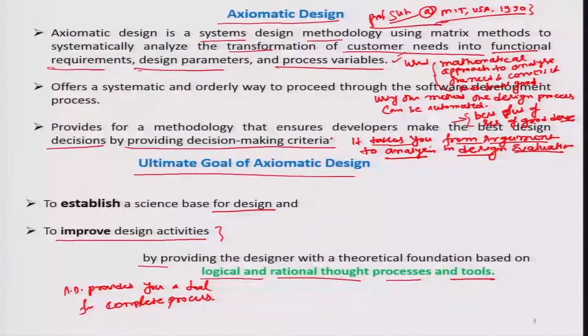Okay. You can compare it with engineering design. In engineering design, first you make an assumption about which process will be correct or not. Okay, so you are making an assumption first, then after that it requires iteration.